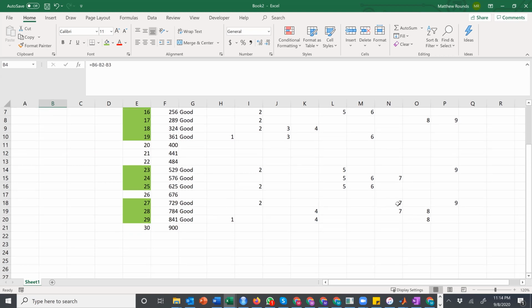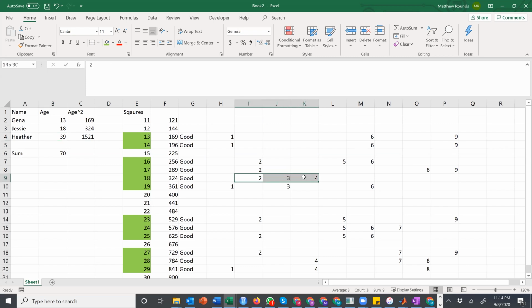Let's just say Heather is, is there any one of them that doesn't use 2, 3, and 4? Like 1, see, there's an overlap there. 1, 4, 9, 8. Ooh, this 24 is pretty good because you get 5, 6, and 7.